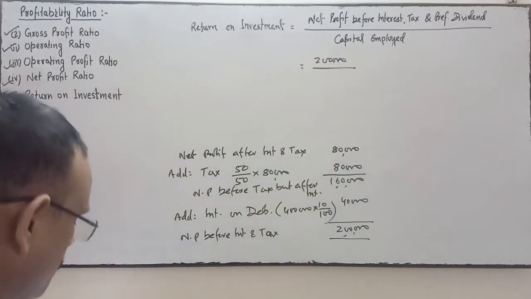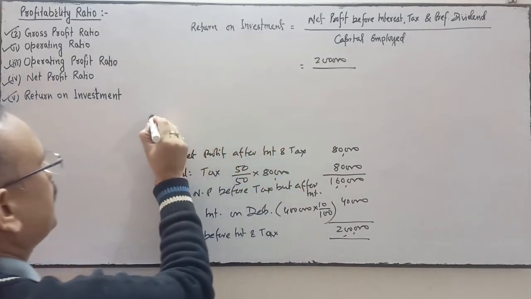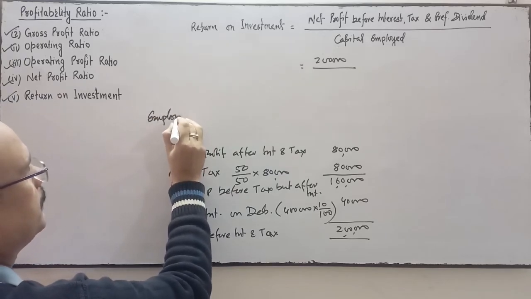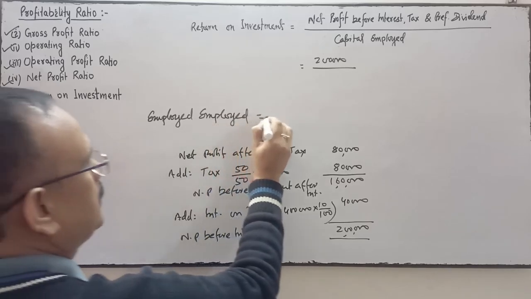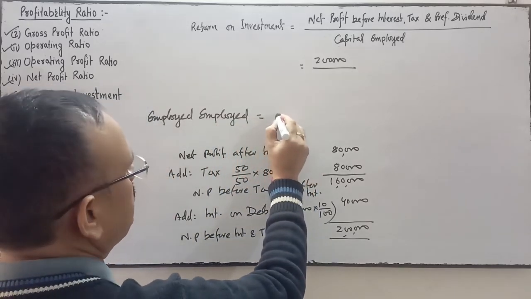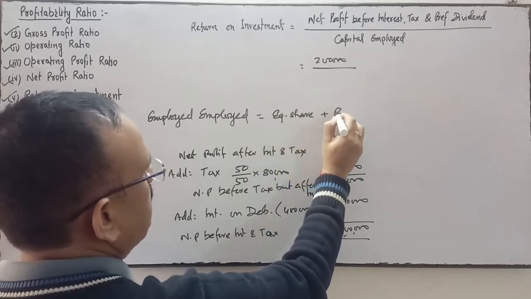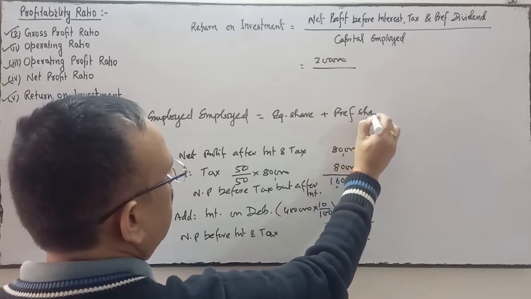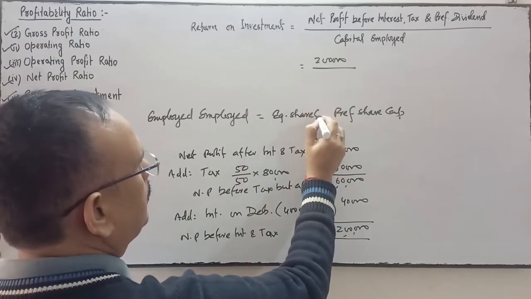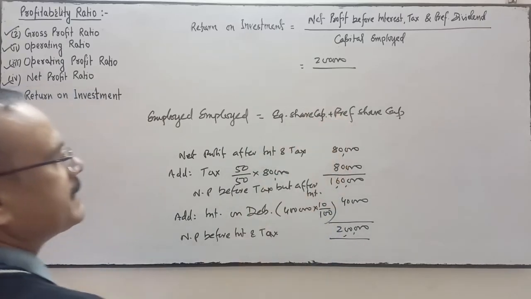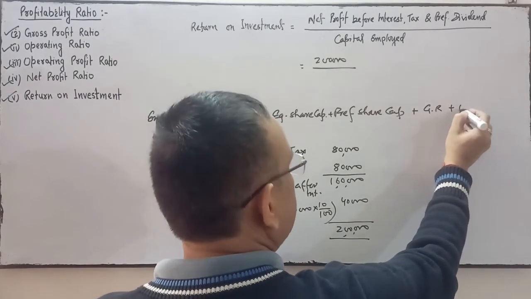Now coming to the capital employed. Capital employed is equal to shareholders' fund plus long term borrowed funds. So here the equity share capital plus preference share capital plus general reserve plus 10% debenture.